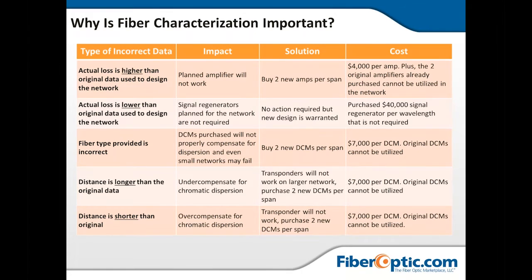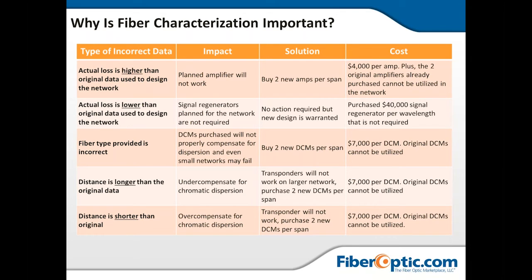Okay, if we get the wrong fiber type, it's possible that we've got differences in loss, differences in chromatic dispersion. Now that means that all of our dispersion compensating modules are now wrong. We're going to either undercompensate or overcompensate. So now we're out buying new dispersion compensating modules, or DCMs, at $7,000 a pop. And the original ones are probably not even used because they were for the wrong amount of CD.